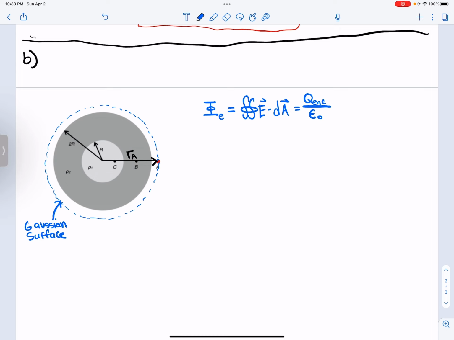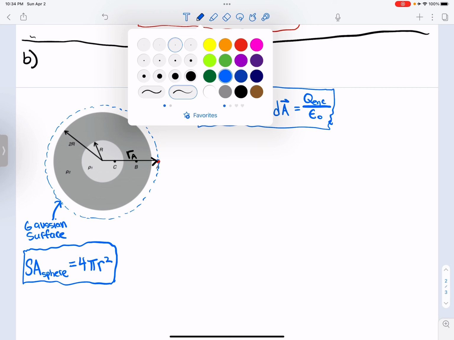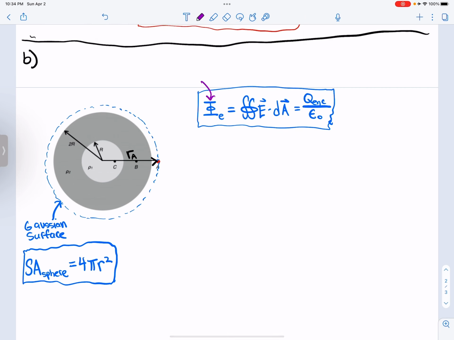And let's try to figure this out. Also another thing to know, surface area for a sphere is equal to 4 pi r squared. Don't know if I mentioned this, but all these formulas I have in blue that's boxed, I do that so that you could hopefully have that in your formula sheet or your cheat sheet for the test.